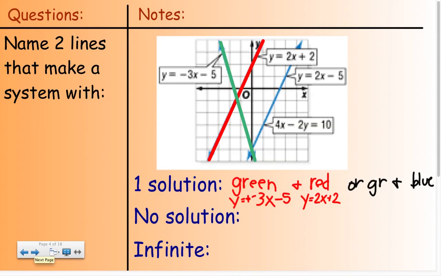So the green again is y equals negative 3x minus 5. And our blue is, well, there's actually two equations with our blue. I'll take the slope-intercept equation, but both would be right, y equals 2x minus 5.